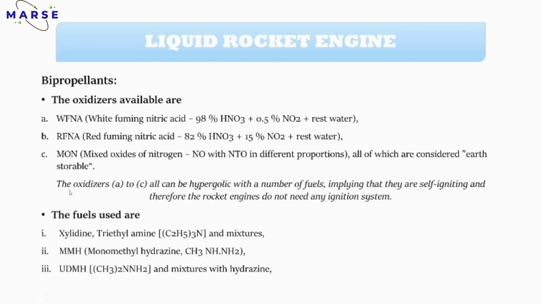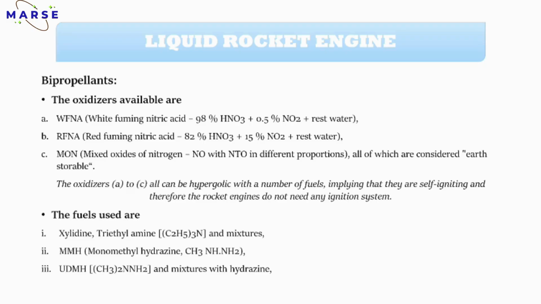Understood? And here I have read that oxidizers like RFNA, WFNA are known as hypergolic. So what is meant by hypergolic? Hypergolic means the fuel or oxidizer, for example, the combustion of the fuel part or the oxidizer, if the chemical present in that liquid is hypergolic, it means that for ignition it won't need any other ignition system.